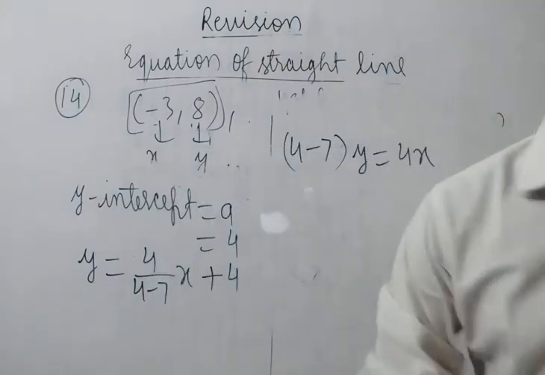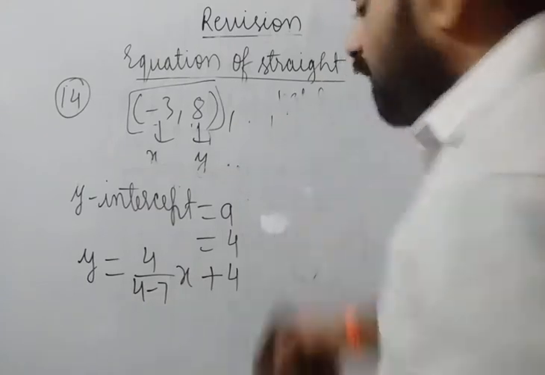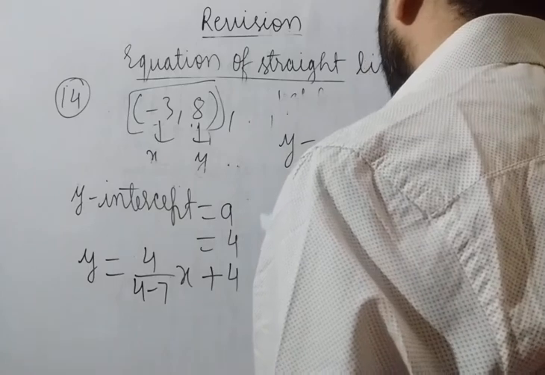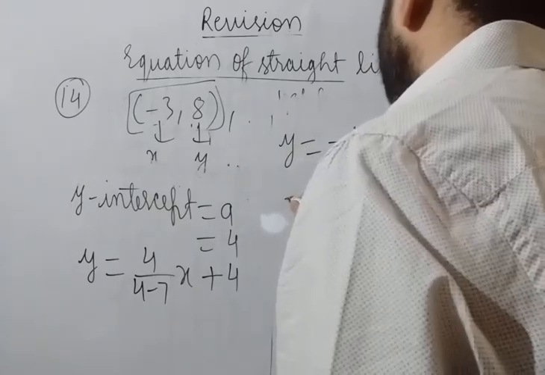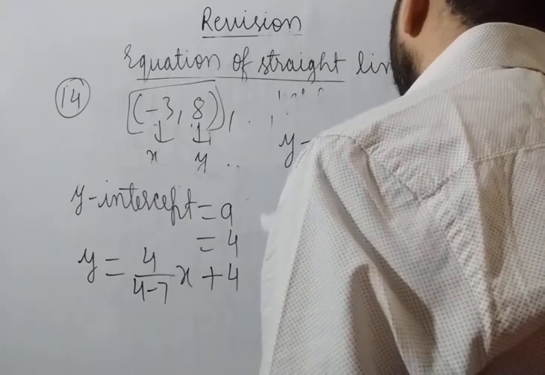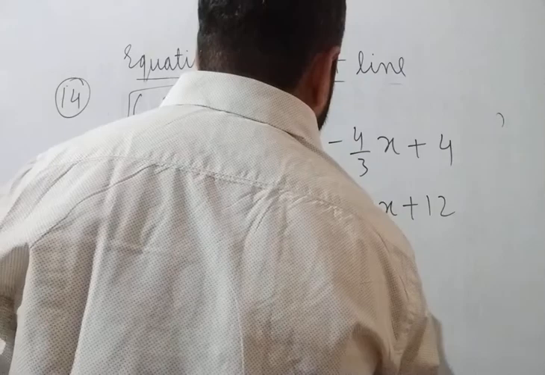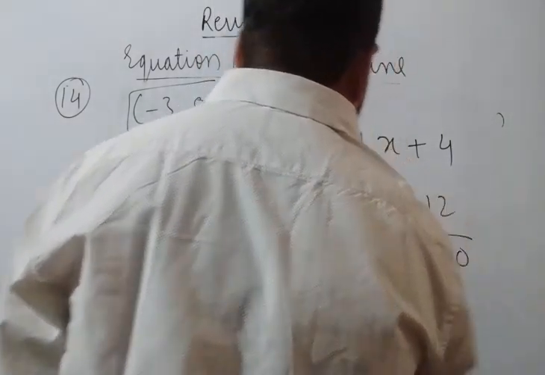So the final equation of the line: 4 minus 7 means minus 3. So y is equal to minus 4 upon 3 x plus 4. It means 3y is equal to minus 4x plus 12. It means 4x plus 3y minus 12 is equal to 0.